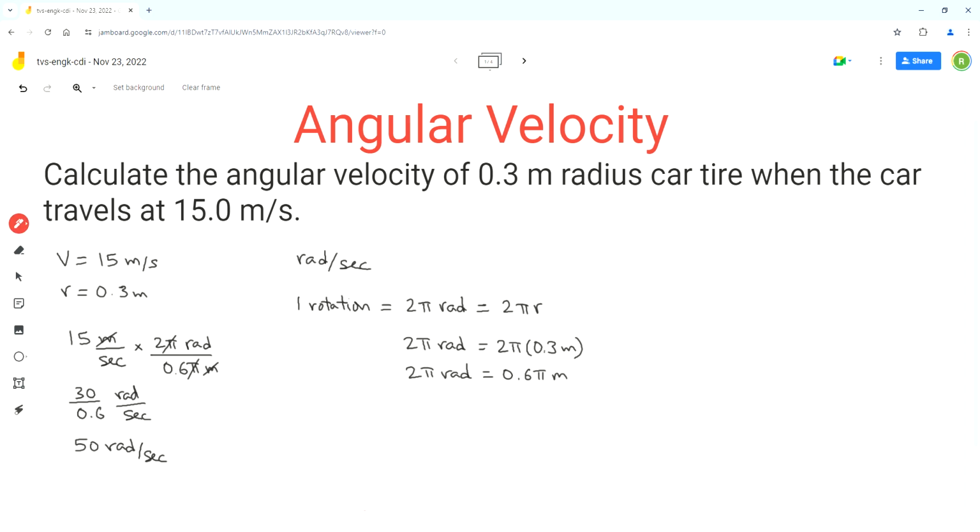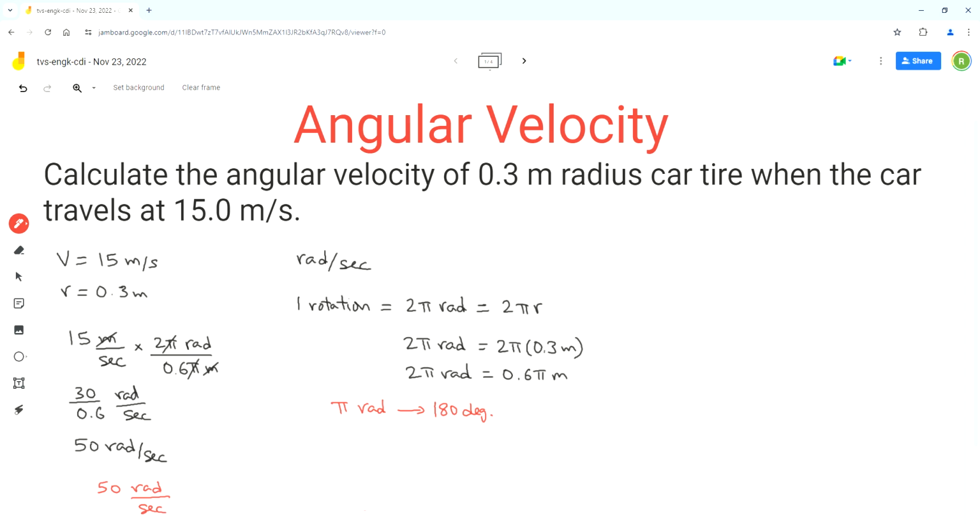Now we can calculate the angular velocity in degrees per second. For that, we'll convert the 50 radians per second into degrees per second. We should use the conversion rate between radians and degrees. We know that pi radians is equivalent to 180 degrees.